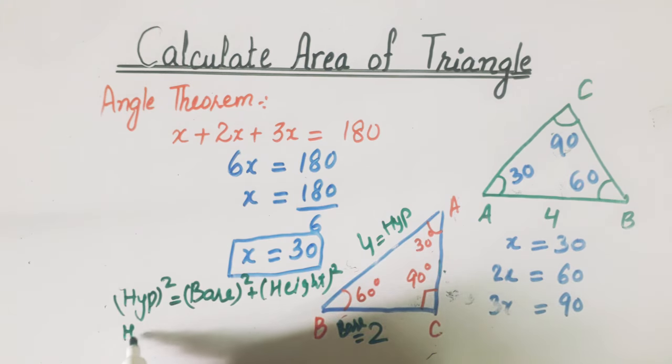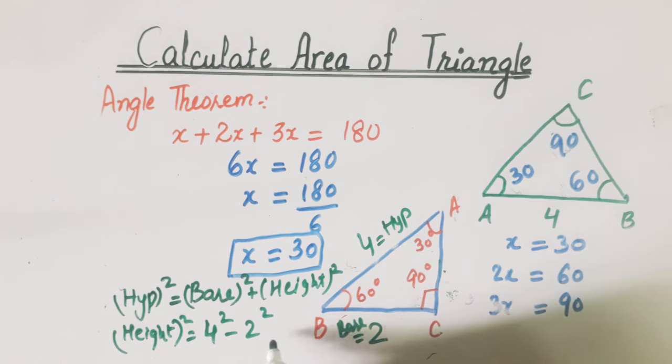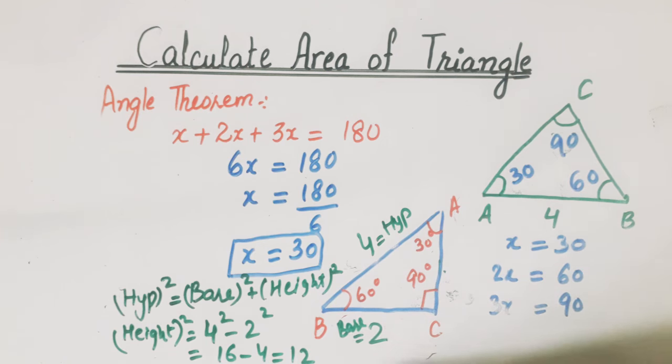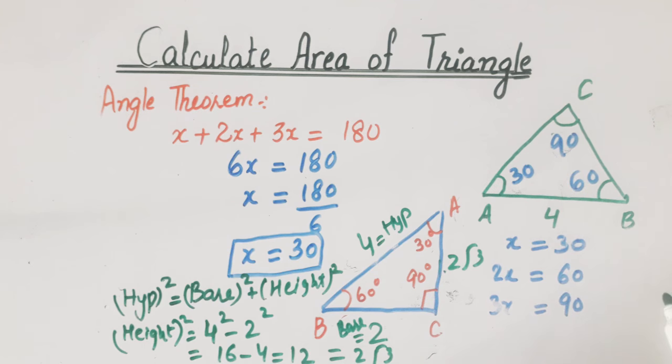So height square equals hypotenuse, that is 4, 4 square minus 2 square, means 16 minus 4, that is 12. So the height is 2 square root 3. So we get this side as 2 square root 3.